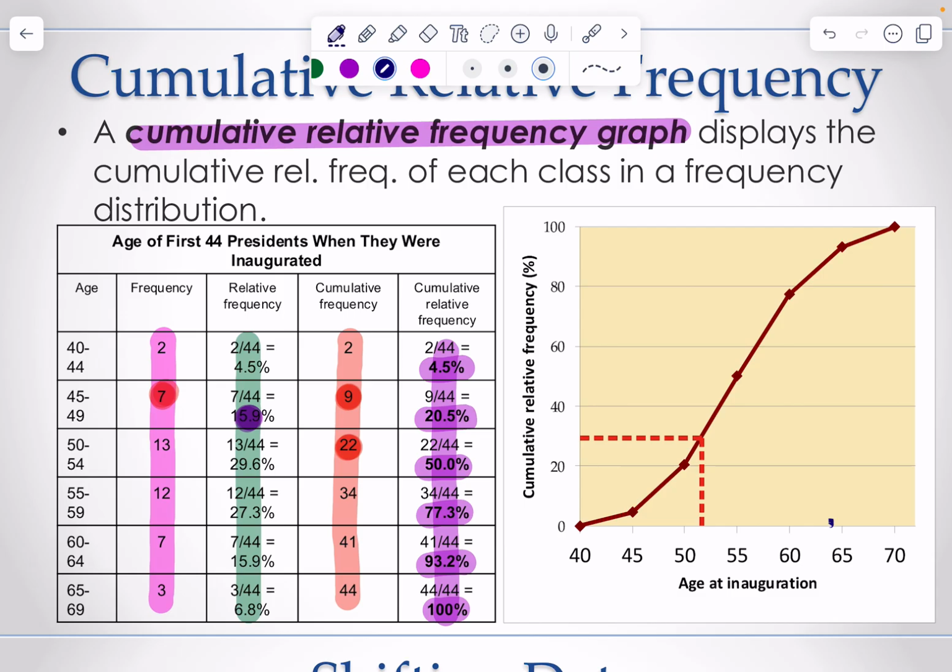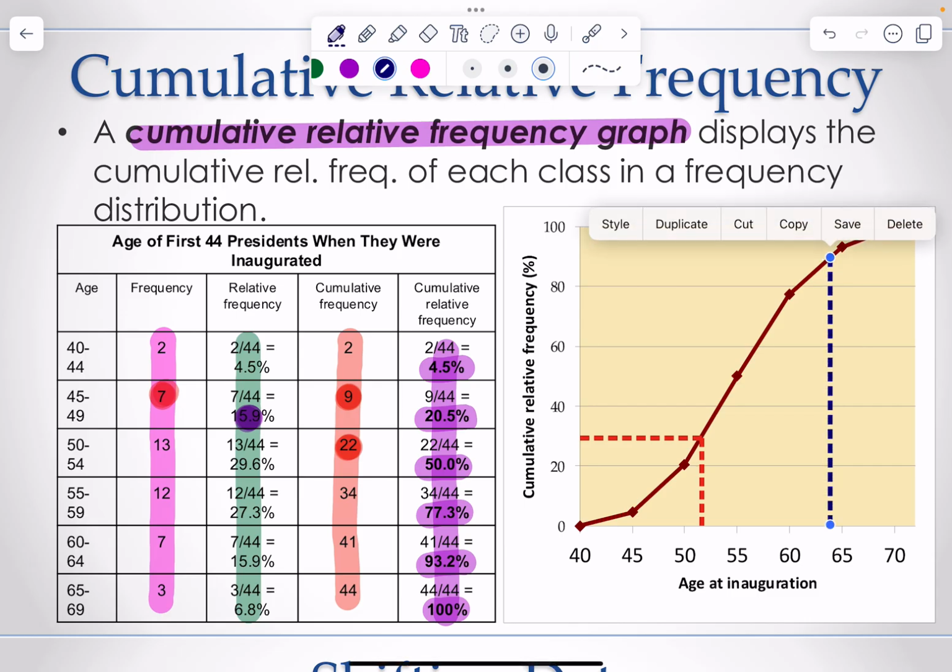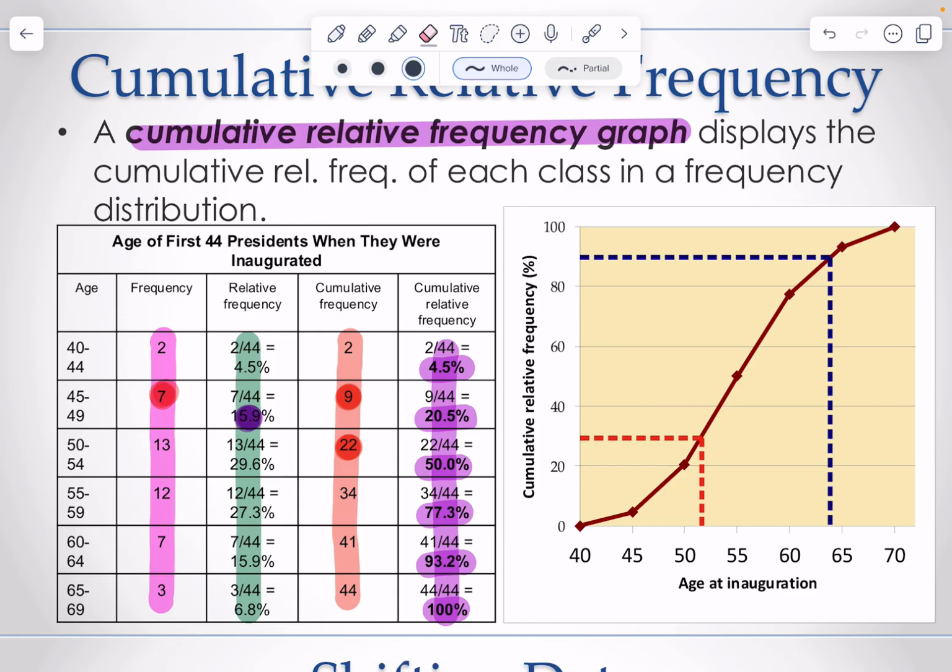So starting at 64, I would trace up to my graph. So I just draw my straight line straight up to where my graph would be. And then I trace over to my percentage. And so 64 years of age would roughly represent, we'd say, about the 90th percentile.